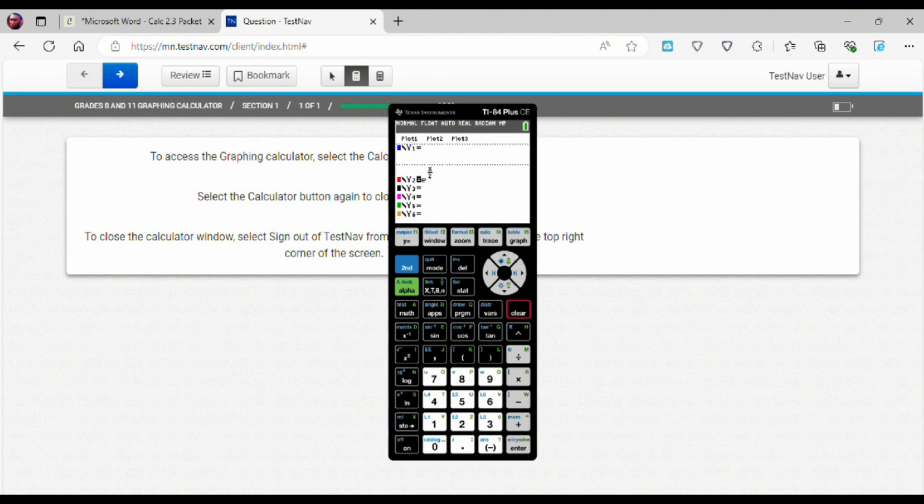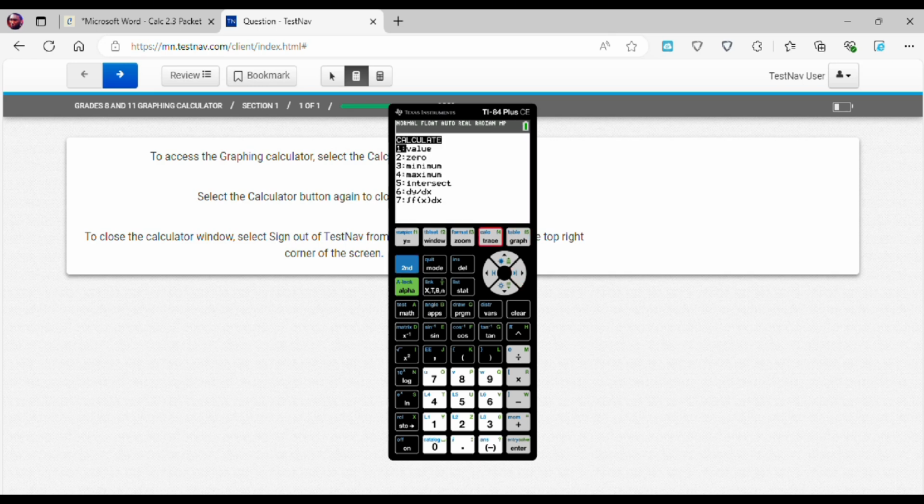So our function is 3 minus e to the 5x. Graph that. Alright, now you see that it does intersect at one point, so we're going to find a zero.